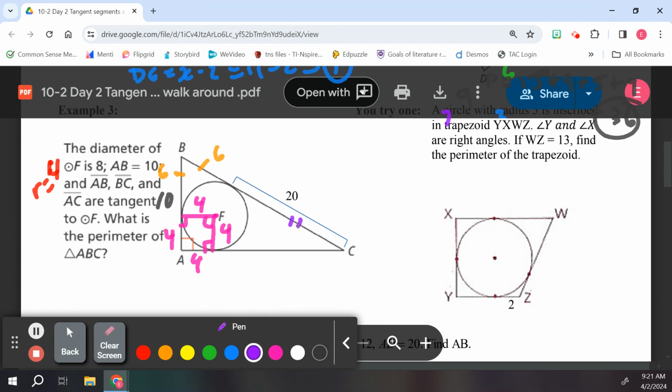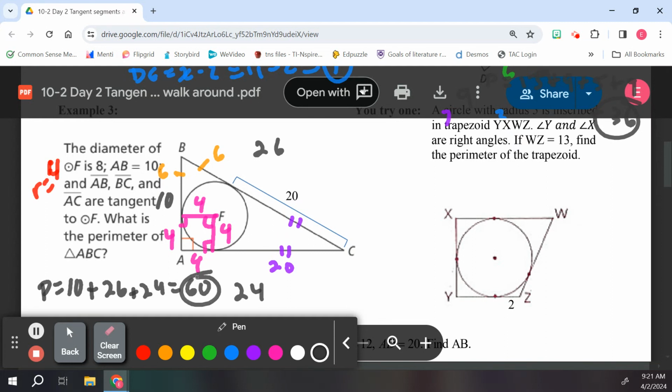And this will be congruent with this, making this 20. So our totals are going to be 26, 24, and 10. So our perimeter is going to equal 10 plus 26 plus 24, which gives us a total of 60. That's it.